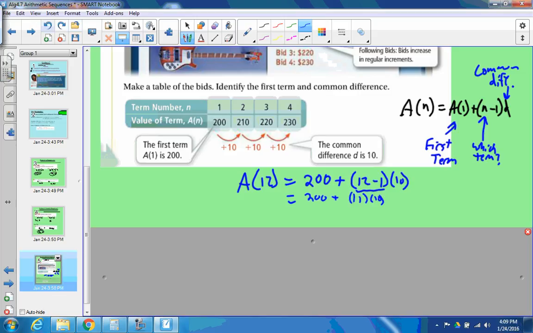So let's do multiplication next. 11 times 10 is 110. And then we just have addition left, which is going to be equal to 310. So the 12th term is 310. So instead of adding 10, 10, 10 for 12 times, we can tell the 12th term is going to be 310. That's the nice thing about this formula.